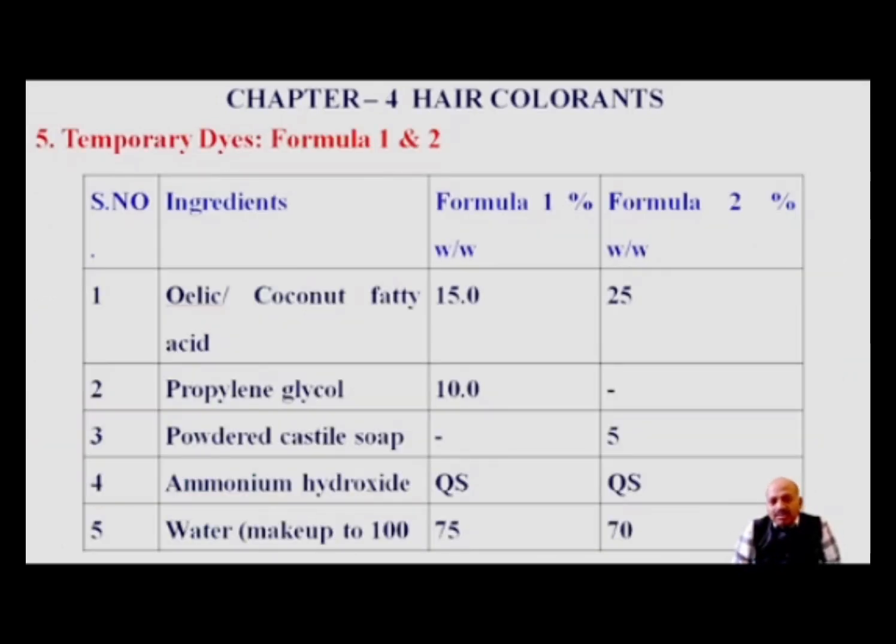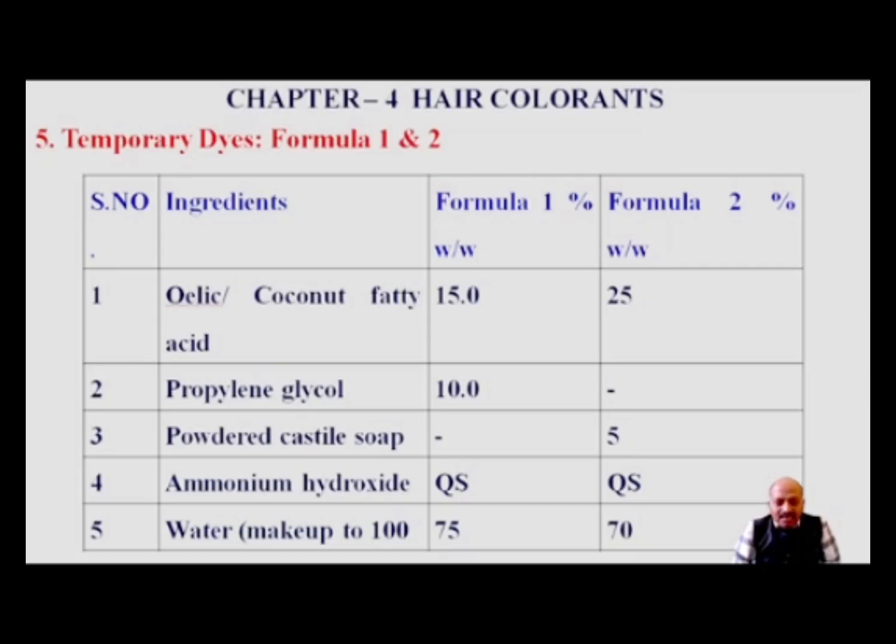The fifth point we are discussing now is the formula. Temporary dyes have different formulas, 1 and 2, with different ingredients. Oleic or coconut fatty acid as an ingredient: in formula 1, 15% is used, in formula 2, 25%. Propylene glycol, 10%, cannot be used in formula 2.